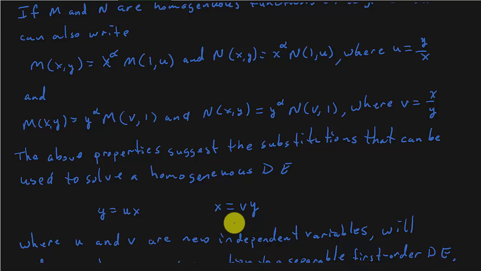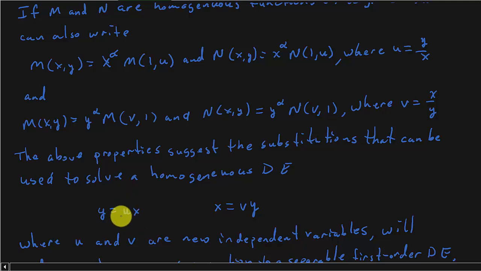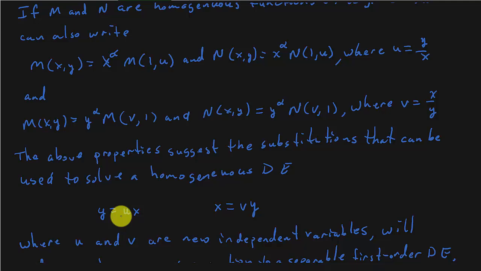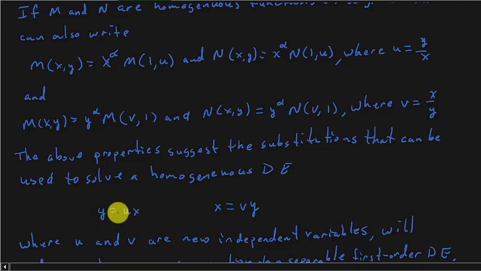Well, it doesn't matter, but it may make a difference, because if you use this one and you come across something and you say, oh man, that's going to be really difficult to integrate, or impossible to integrate, then you may not want to use this one.